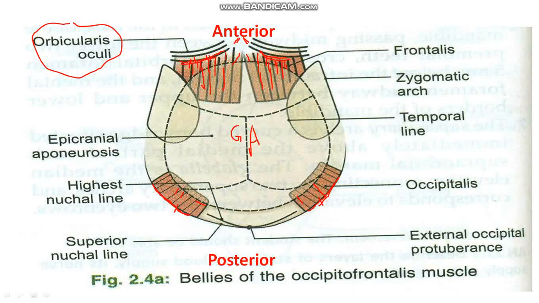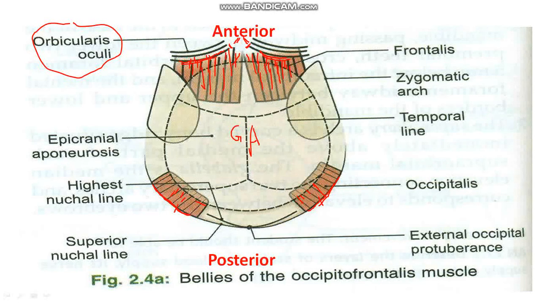Here is the corrugator supercilii. You can see the direction of the fibers of the frontalis as well as the direction of the fibers of the occipitalis.